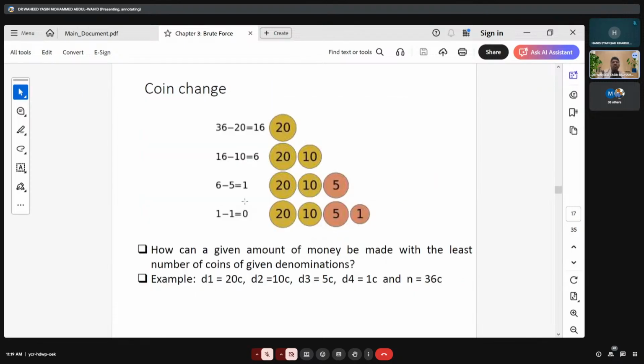So here we have the coin change problem. What is the coin change problem? How can a given amount of money be made with the least number of coins of given denominations? For example, these are the notes that I have in my currency: a note of 20, a note of 10, a note of 5, and a note of 1.